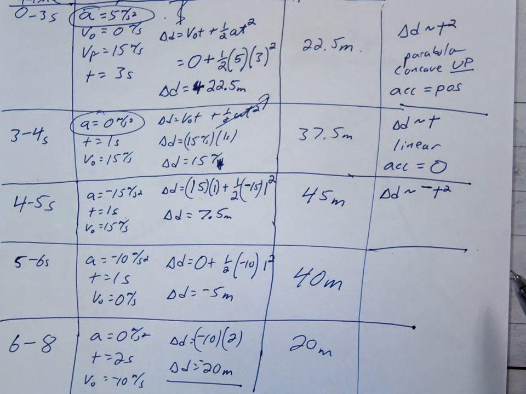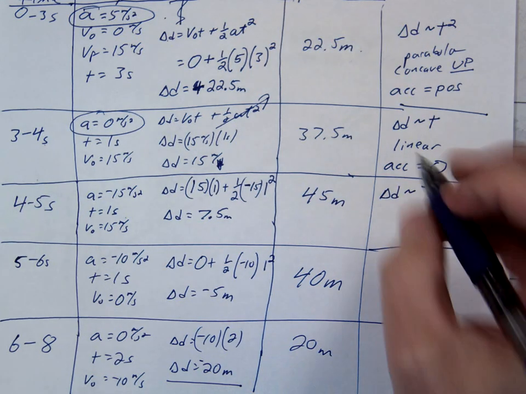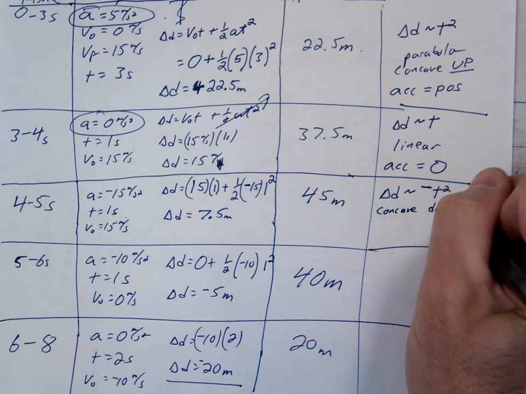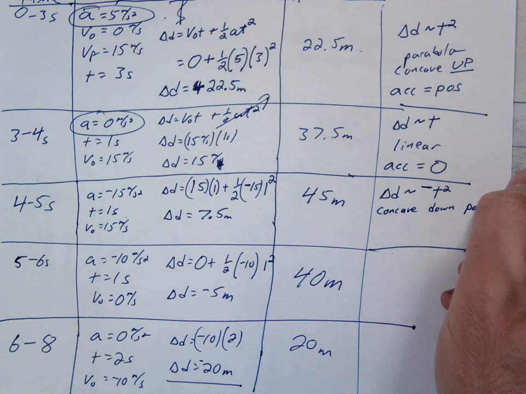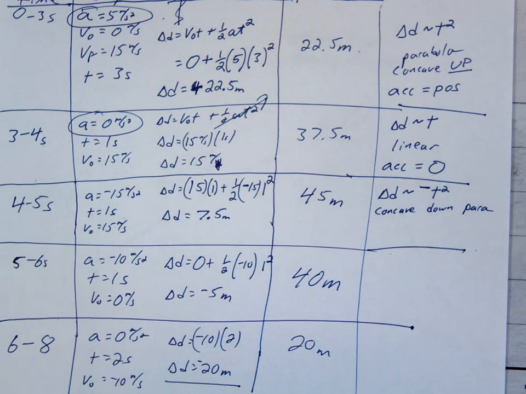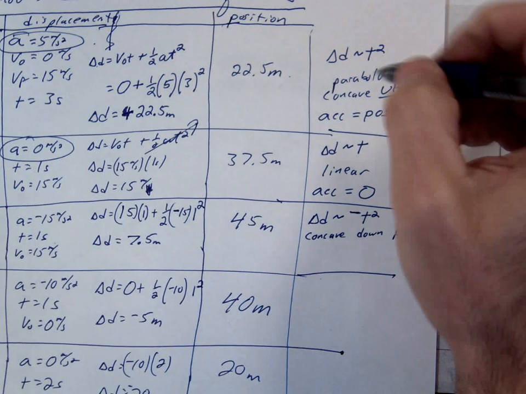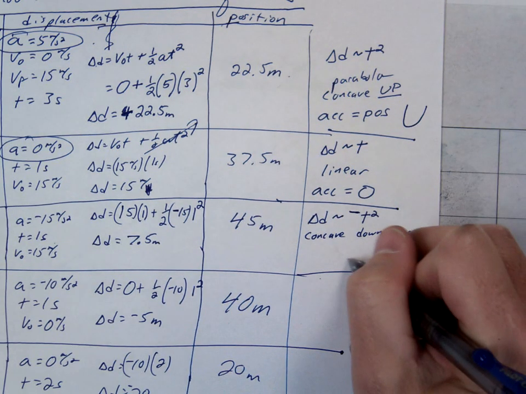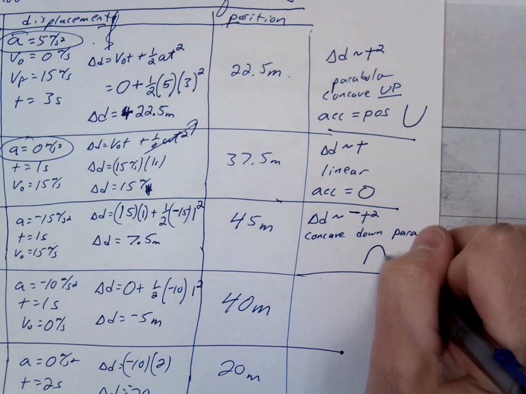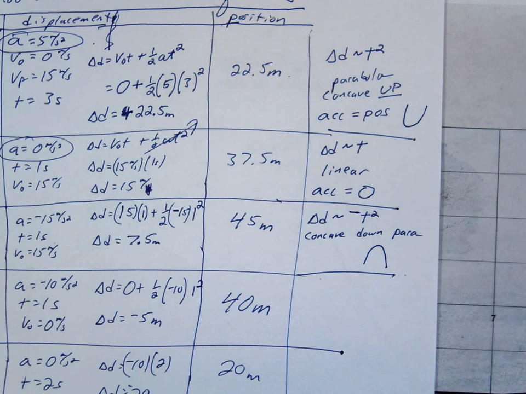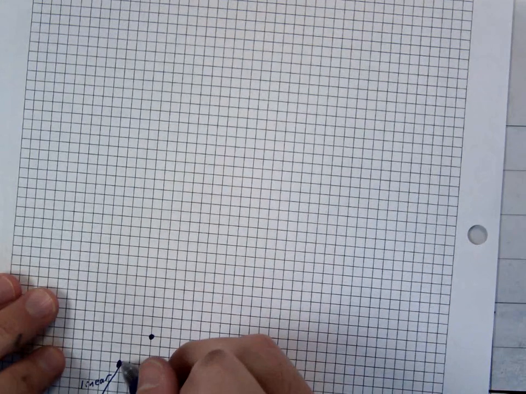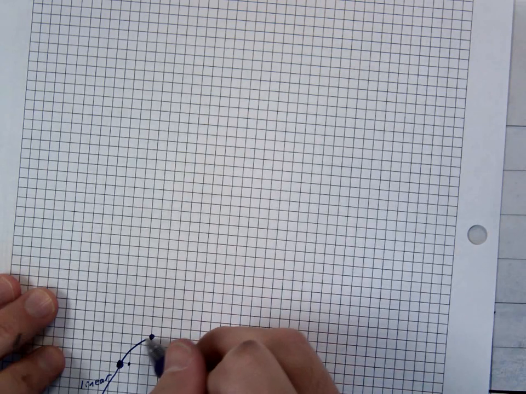It's still a parabola, but what kind of parabola? Concave down type parabola. Just generically speaking, concave up looks like this. Concave down looks like this. So when you sketch it, you're just going to sketch a concave down parabola. Looks something like this.